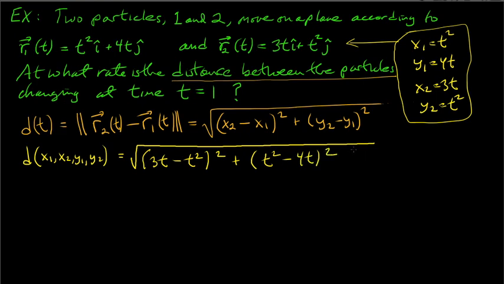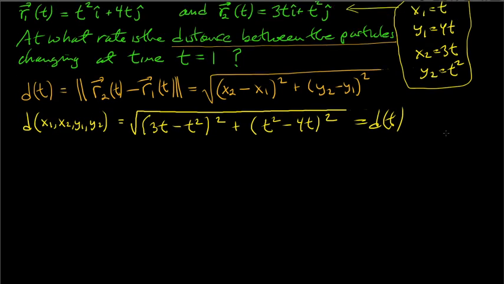So if you'd rather do it directly, this is d as a function of t now, and so just take the derivative. All right, so maybe we'll do it that way.